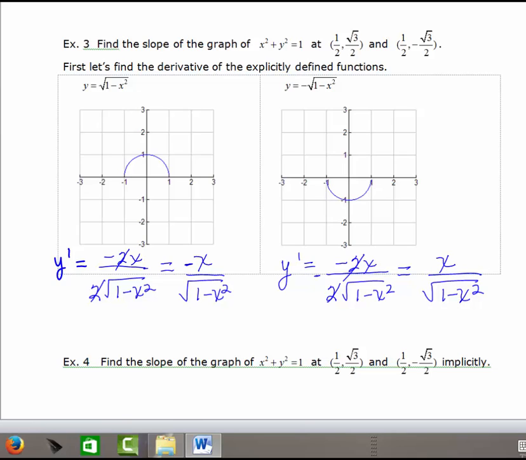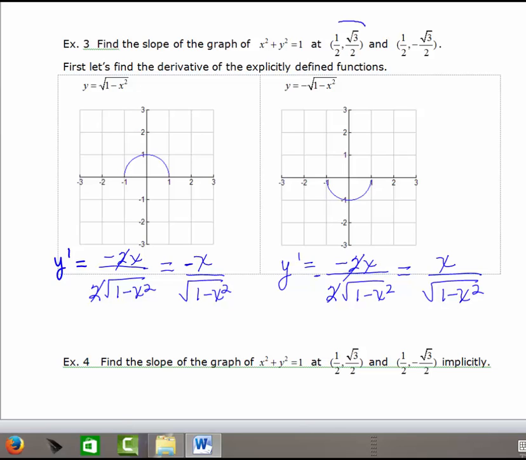And so in this case, finding the slopes at these given points, we actually have to determine, there's two separate formulas here that we're using for the derivative of x squared plus y squared equals 1. And we have to decide which ordered pair do I substitute into which equation.